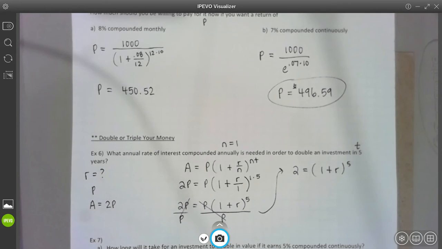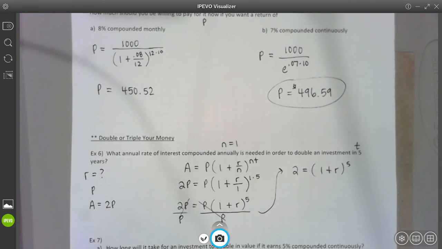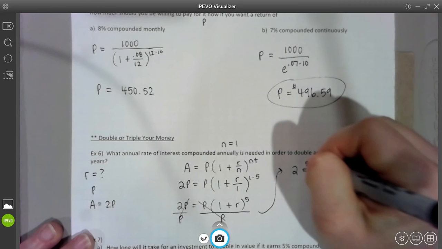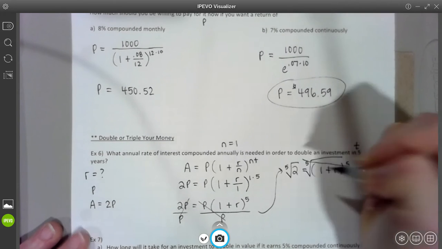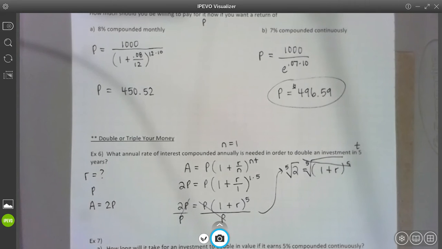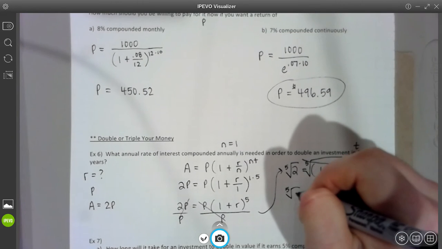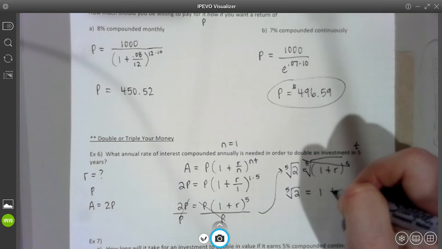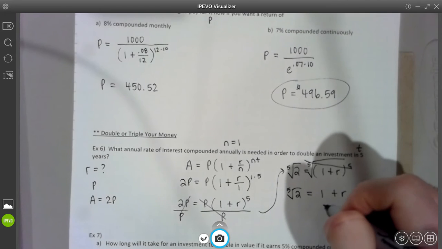We would take the square root, right? So how are we going to get rid of a 5th power? We're going to take the 5th root of both sides. So take the 5th root of 2, which is the same thing as 2 to the 1/5 if you want to plug that into your calculator, or it's the 5th root of 2. I'm going to leave it as that for now, just so it's an exact answer. And now the only thing you have to do to get r by itself is minus 1.